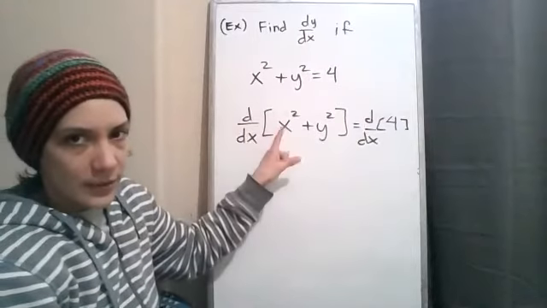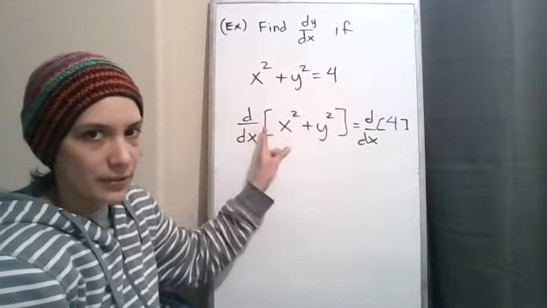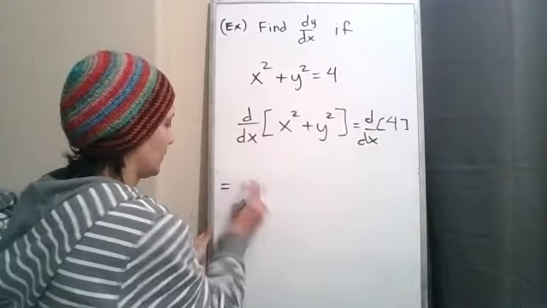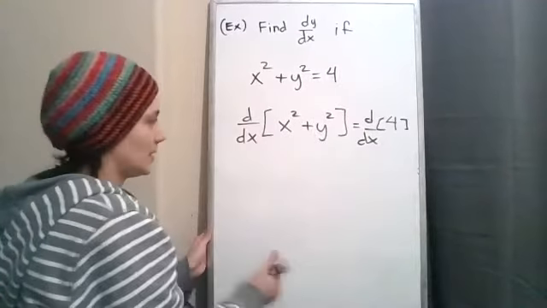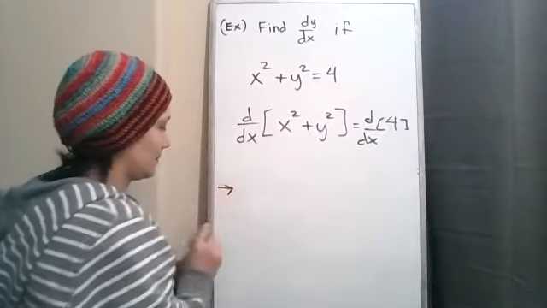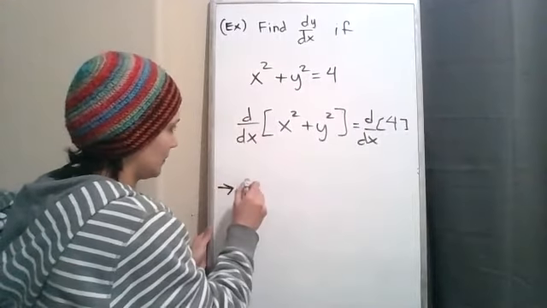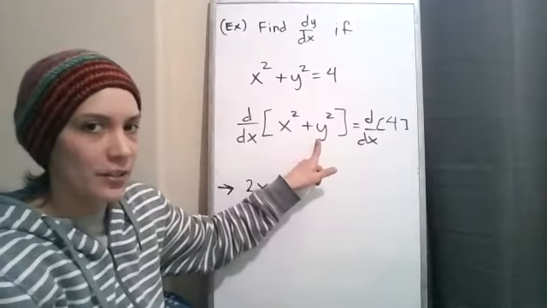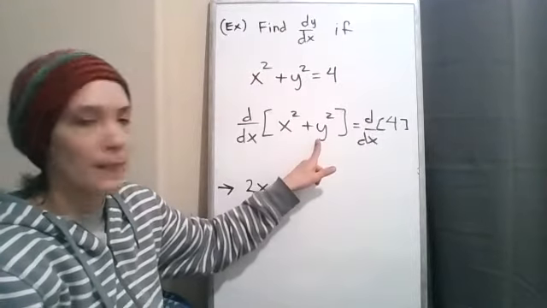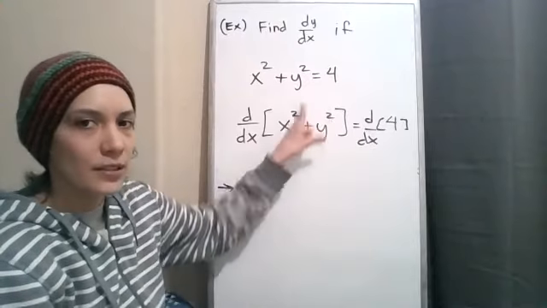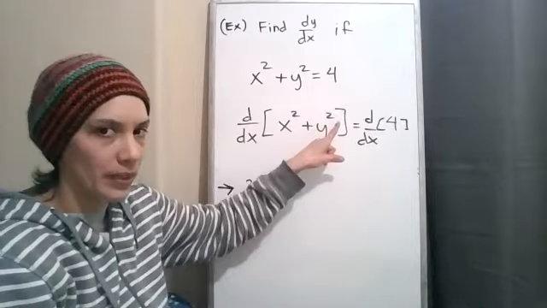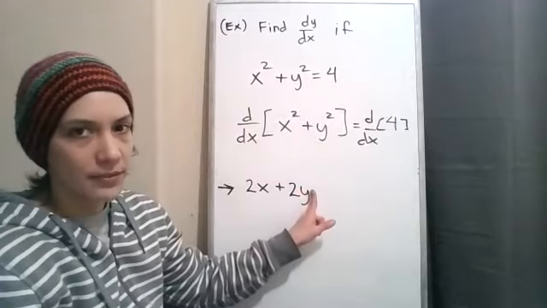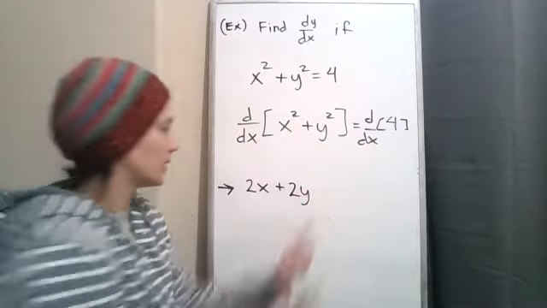So when it's just a variable x, no worries, take the derivative, 2x plus. Right here, y is a function of x, and we're doing a derivative, so it's going to be a chain rule. 2y to the power 1, then multiply by the derivative of the inside function, y prime.